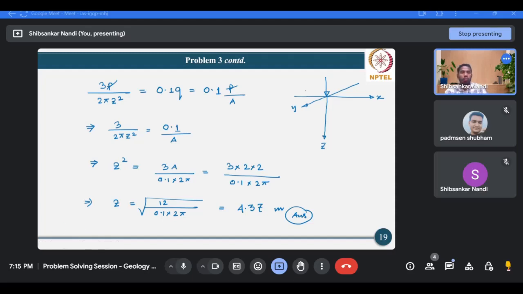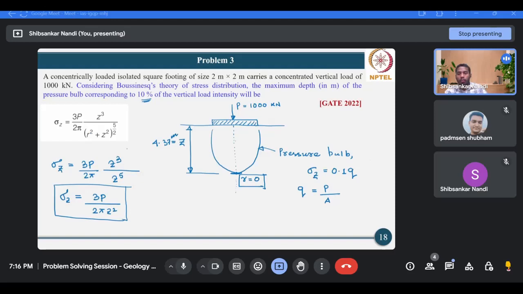So suppose you are trying to calculate at this point A the sigma Z. This is your R, this is your Z. Okay, and this is capital R. Capital R means root under R square plus Z square.